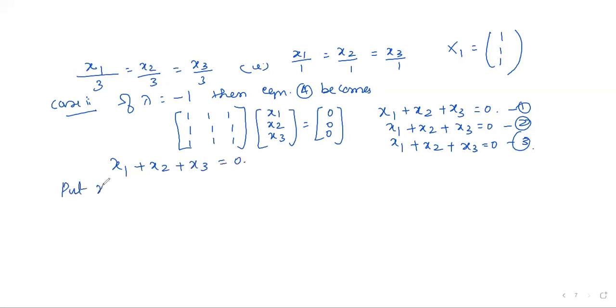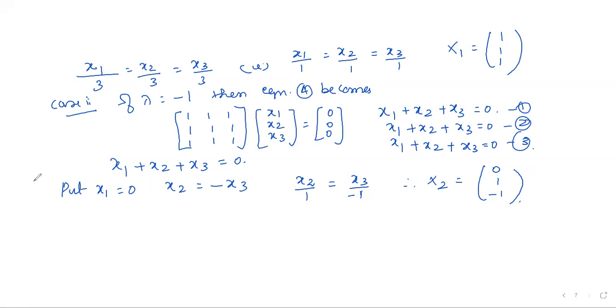Now put x1 is equal to 0. So therefore I will be getting x2 is equal to minus x3. So x2 by 1 is equal to x3 by minus 1. Therefore my corresponding eigenvector x2 is 0, 1, minus 1.